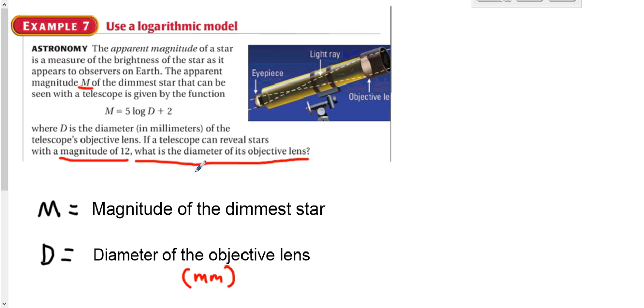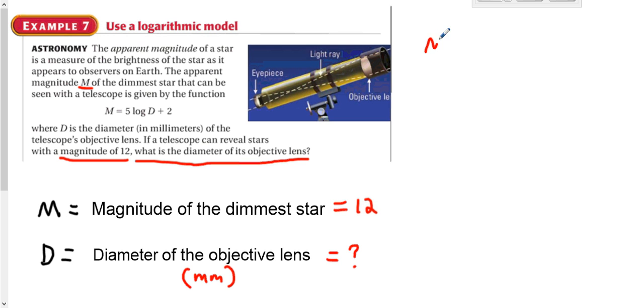Okay, so to answer our question, what is the diameter of the objective lens? Well, that's d, so it looks like we're going to look for d. And it gives us the magnitude, or the telescope reveals the star's magnitude is 12. So this is what we know. This is a simple identify what our variables equal, plug them into the equation, and solve the equation.